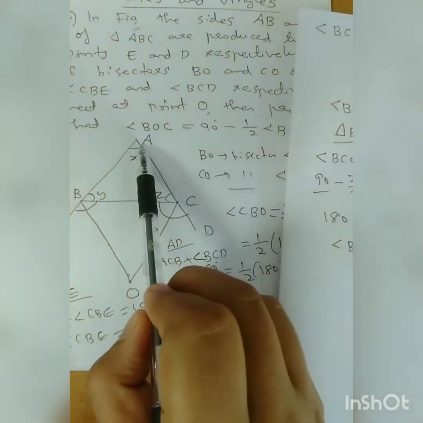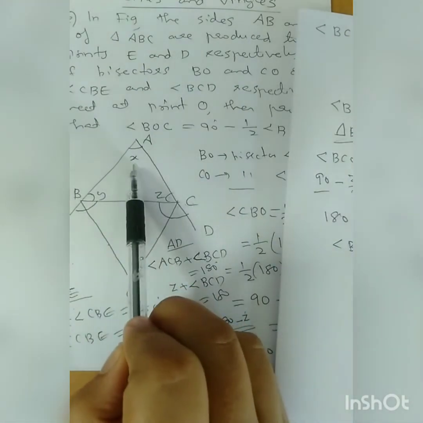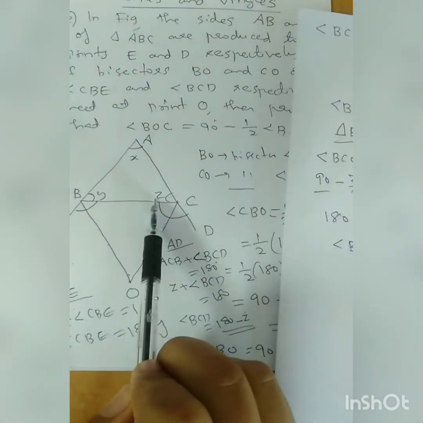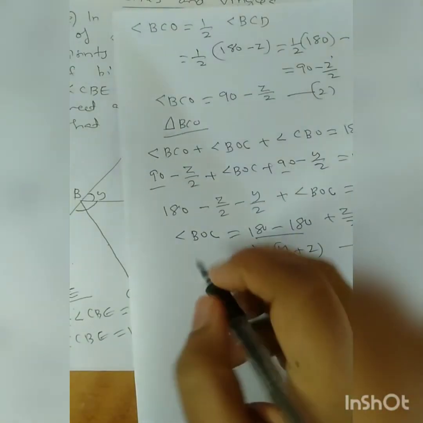So, consider triangle ABC. In triangle ABC, there are three angles X, Y and Z. Then X plus Y plus Z is equal to 180 degree.